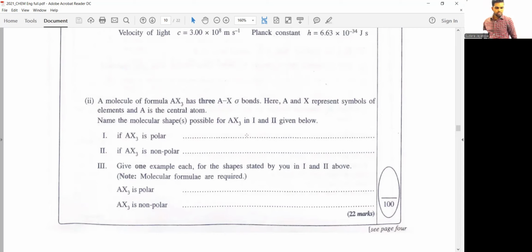A molecule of formula AX3 has 3 A-X sigma bonds. Here A and X represent the symbols of elements and A is the central atom. Name the molecular shapes possible for AX3 for it to become polar and for it to become non-polar.